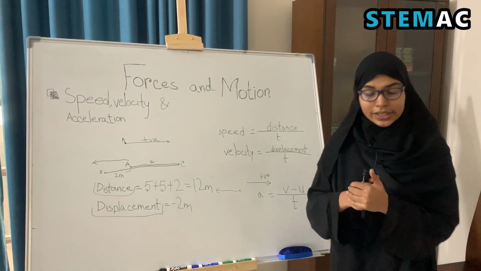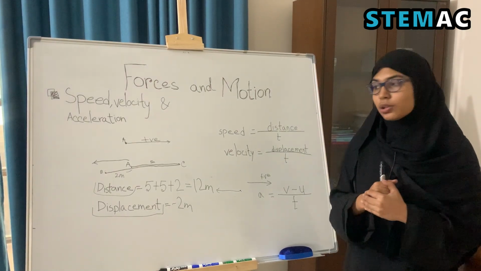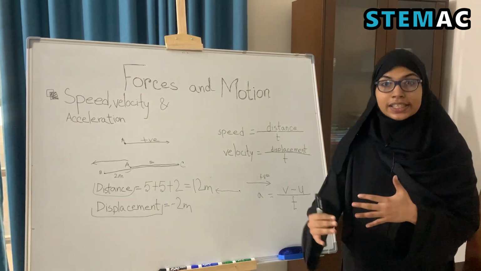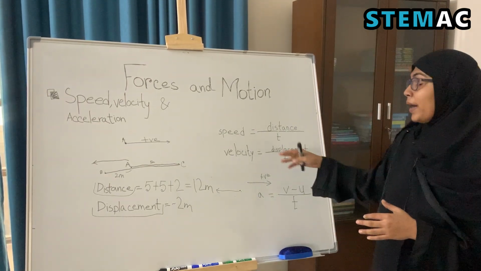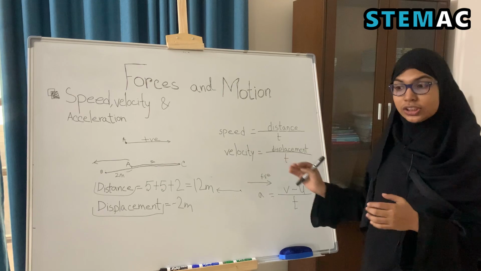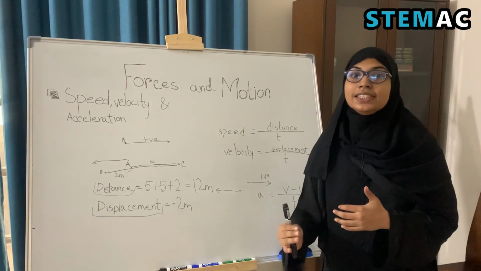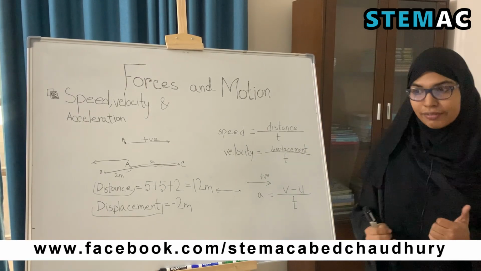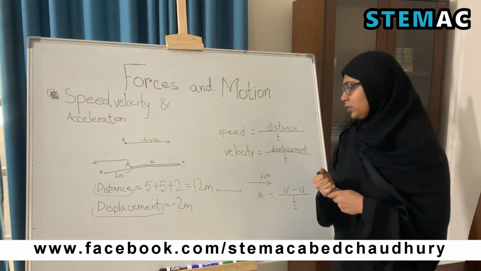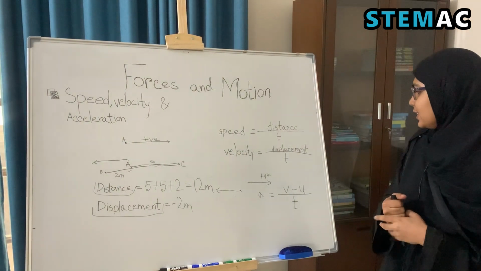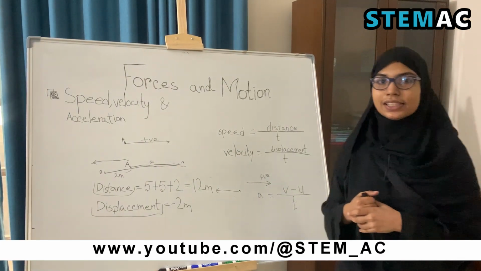So while measuring acceleration, we are calculating the change in velocity, but while measuring speed and velocity, we are calculating the change in distance traveled every second. So that's about speed, velocity, and acceleration.